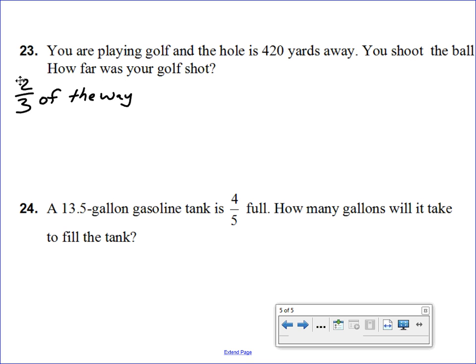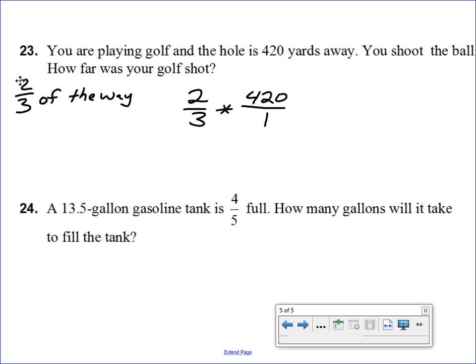We want to find what is 2/3 of what number? 420. 2/3 of 420 means that we need to multiply. 2/3 times 420 over 1.